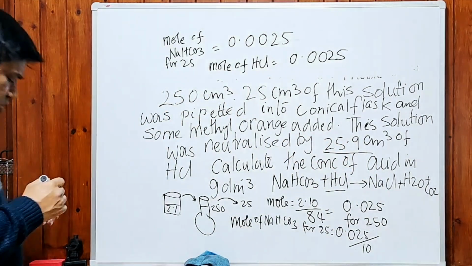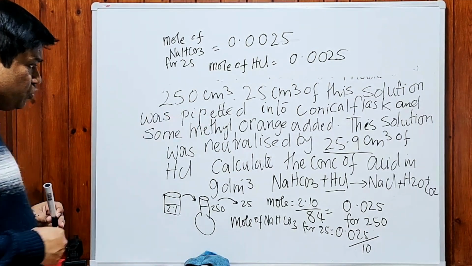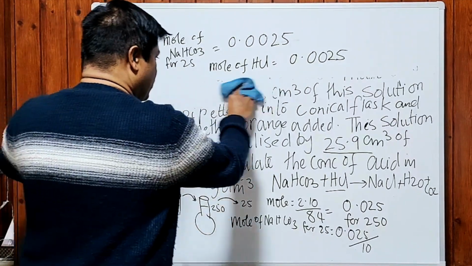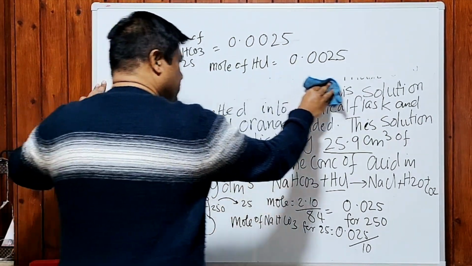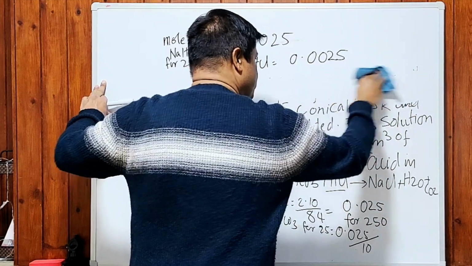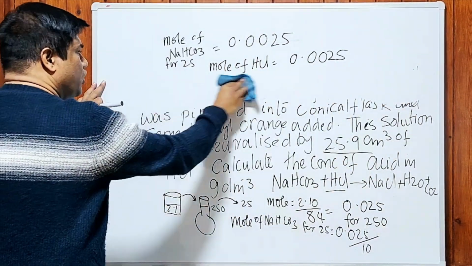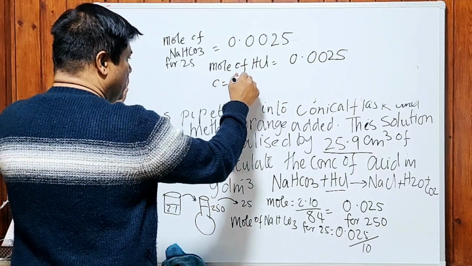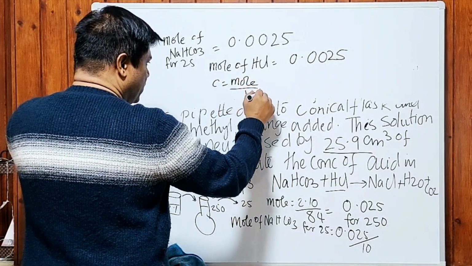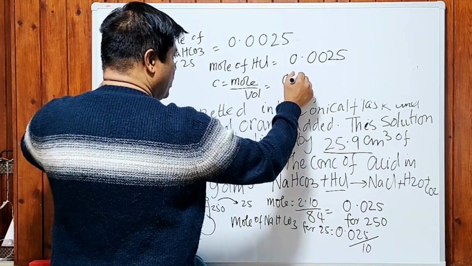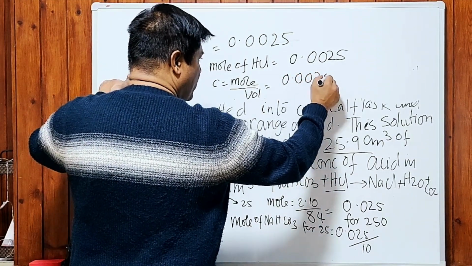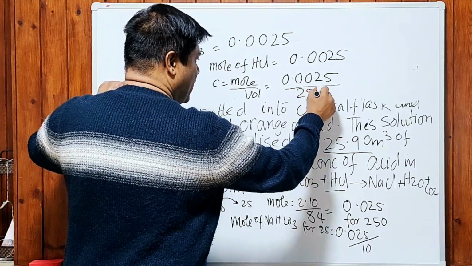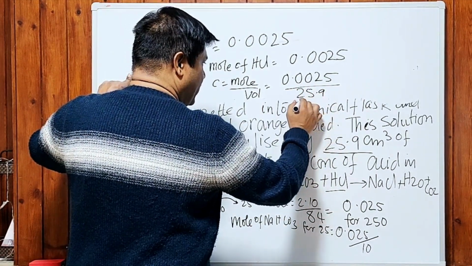Can we work out the concentration of HCl by using this volume? Yes, we can. We can work out the concentration of HCl by using that many moles. What's the formula to work out the concentration? Concentration equals mole over volume. How much is the mole? 0.0025 divided by the volume, which is 25.9 divided by 1000.